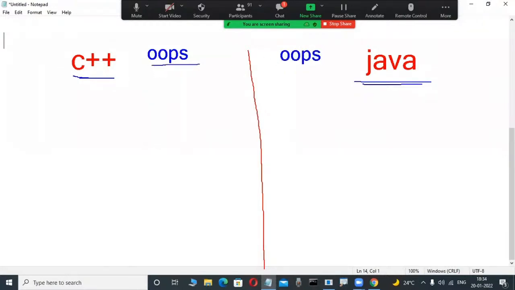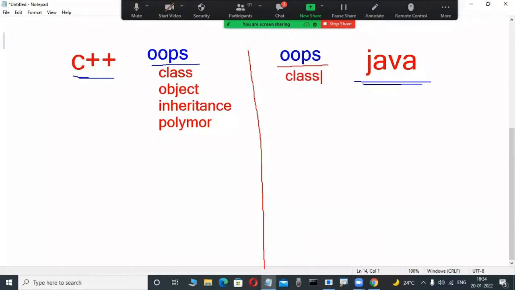Some fellows may have an idea of the OOPS concepts: class, object, inheritance, polymorphism.